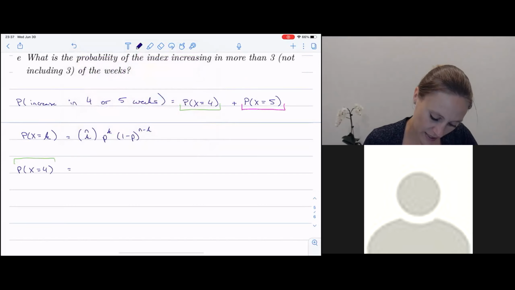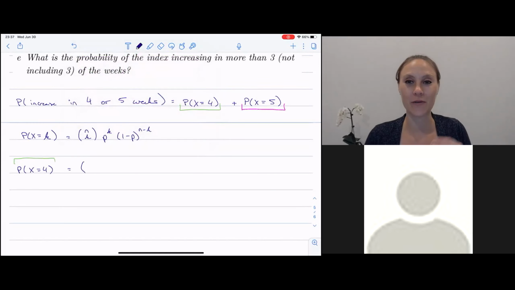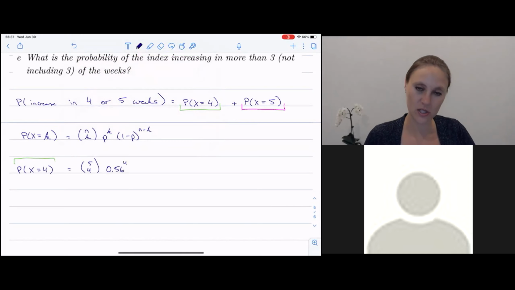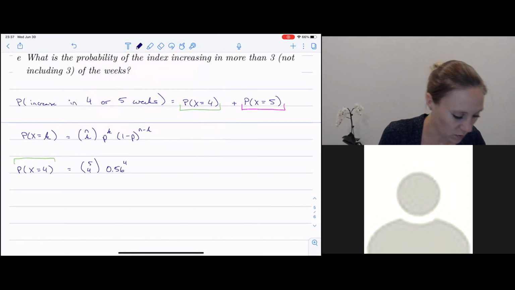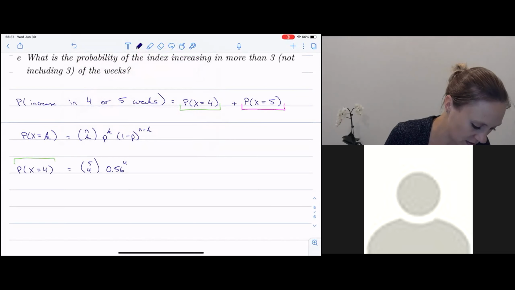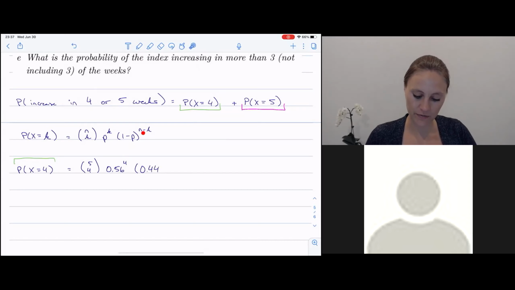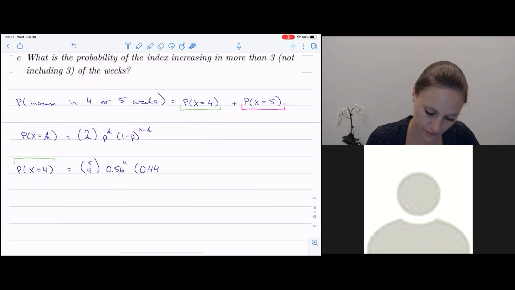So the probability that x equals 4, remember, we have 5 trials, so we have 5 choose 4. The probability of success is 0.56 to the power of k, which is 4. And then 1 minus 0.56, let's just do it here, 0.44 to the power of 5 minus 4, right? 5 trials, 4 successes means 1 failure.